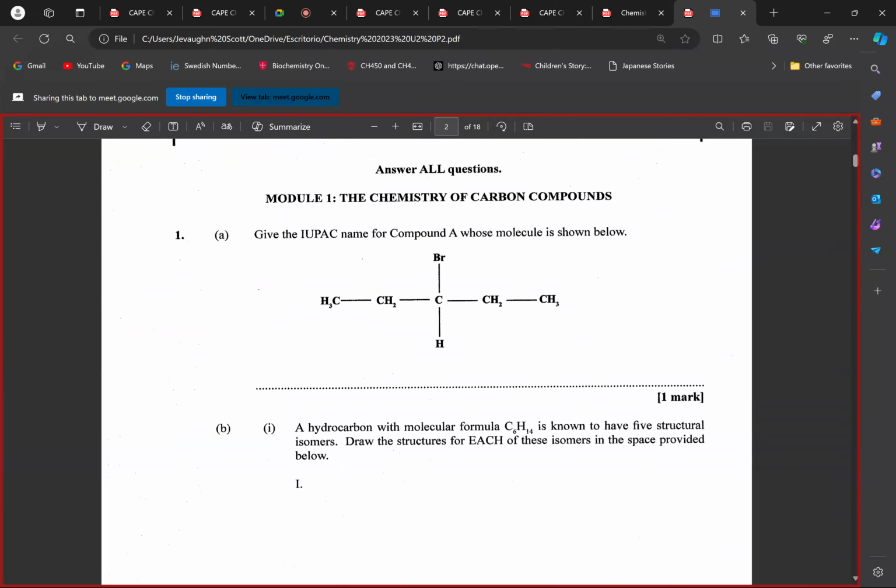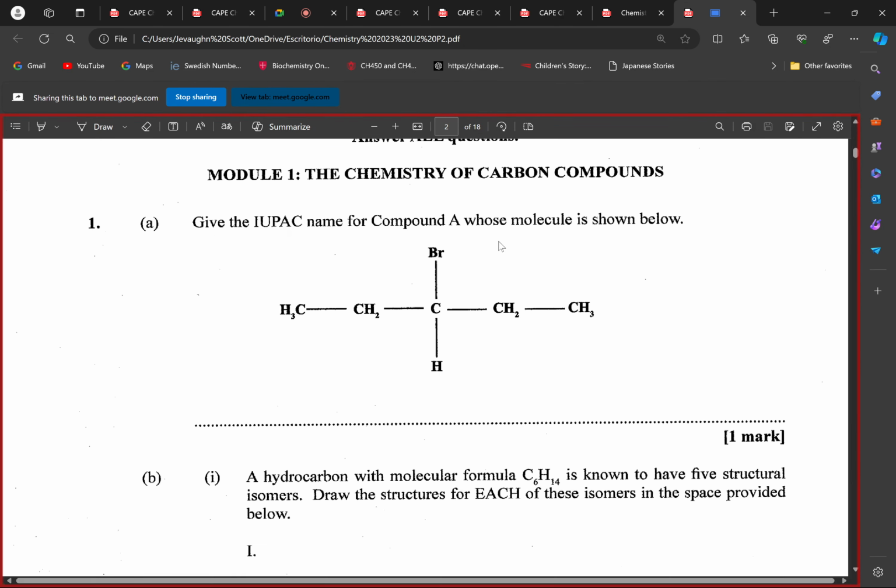Number 1, give the IUPAC name for compound A whose molecule is shown below. What is the name? 3-bromopentane.